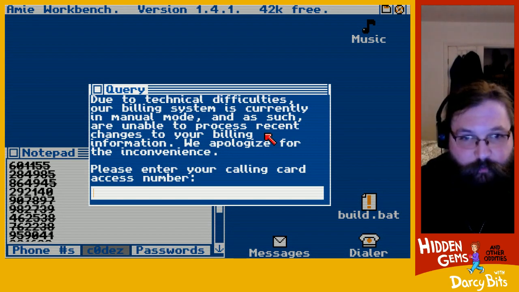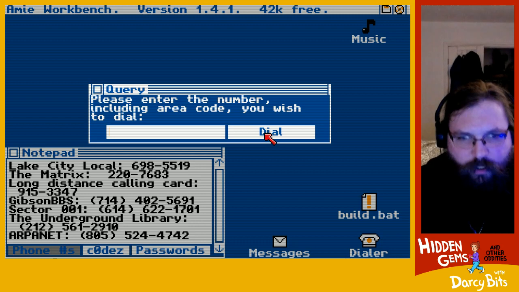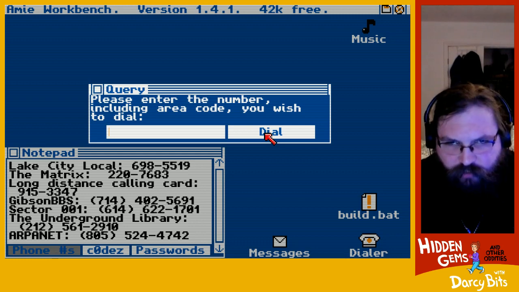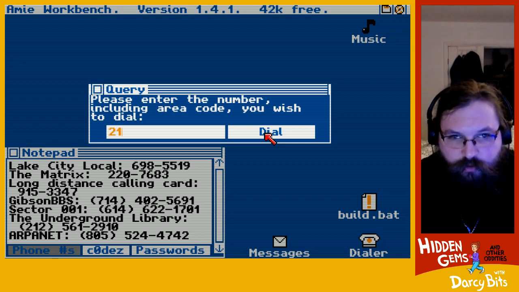It's like you're playing an adventure game, and wait, did that code get rescinded? Wait, I thought I just typed it in wrong. That code actually got rescinded. 256-1290.